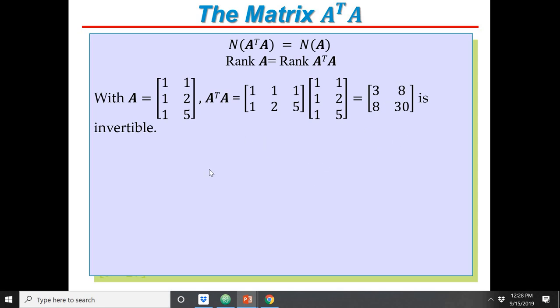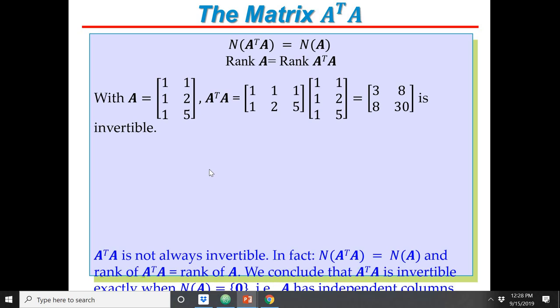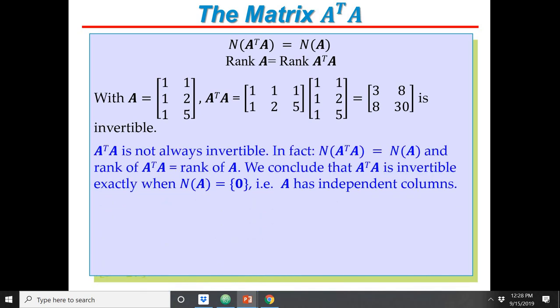So A transpose A is invertible. Okay, so we need to have independent columns, right? And the null space of A has to contain only the 0 vector.